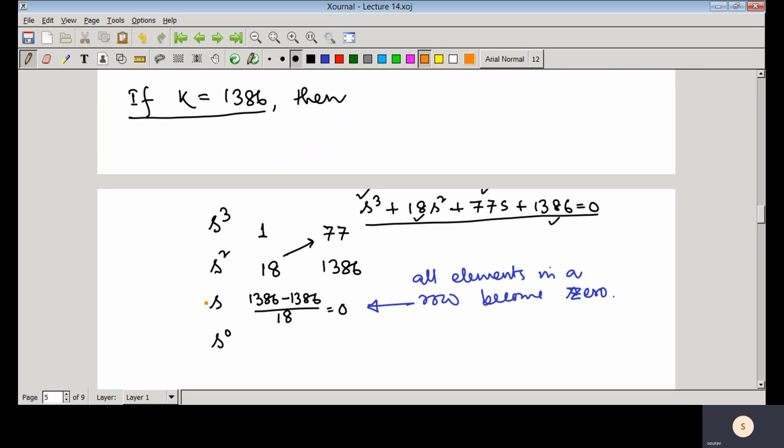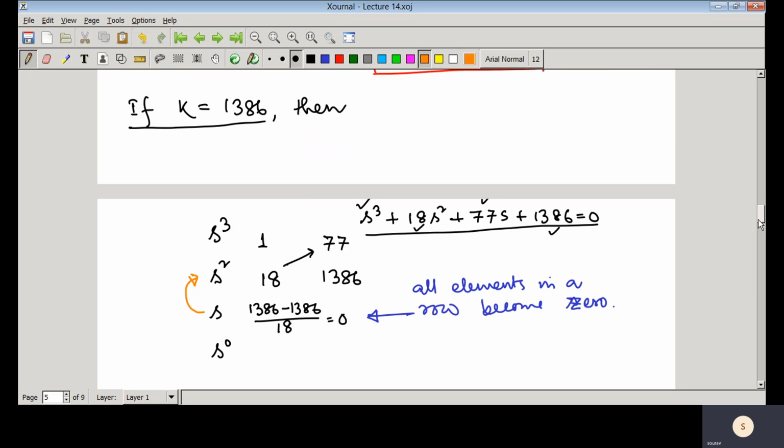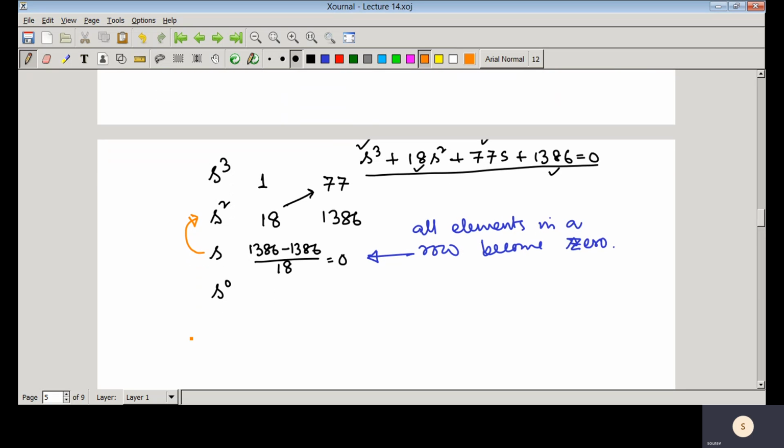In that case, you need to go one step above. If you go one step above, then you have a polynomial that is called the auxiliary polynomial. This polynomial is with coefficient s square, so it would be 18s square plus 1386.